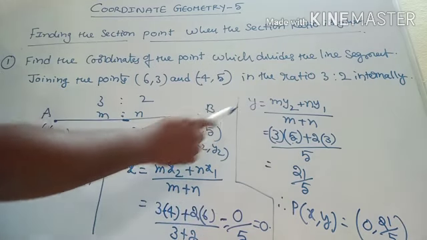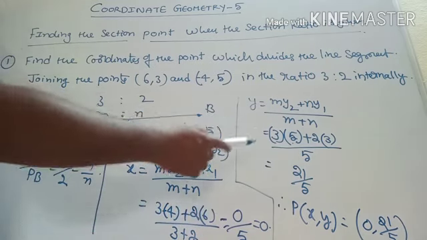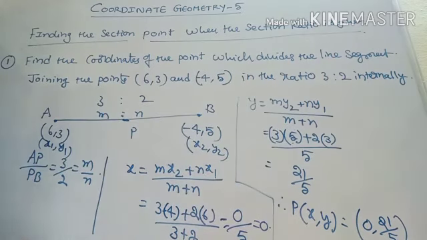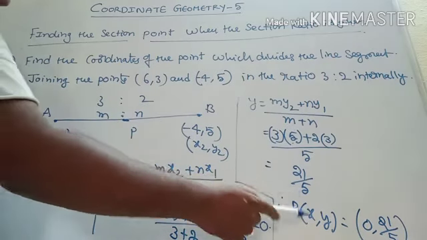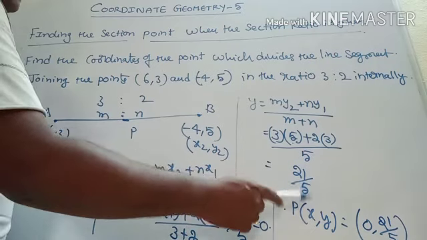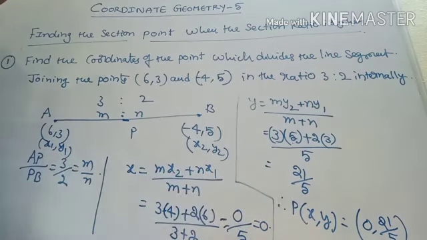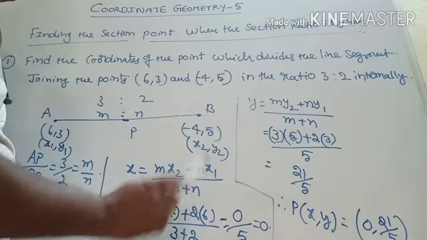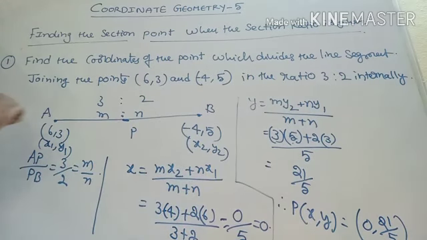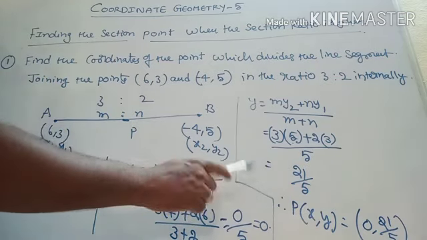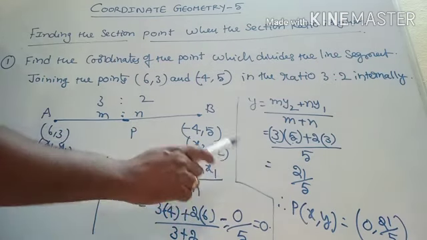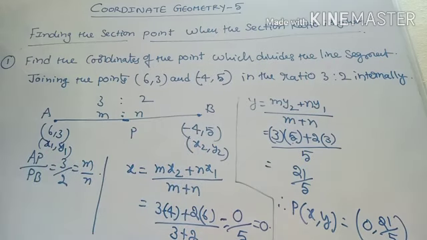And y is my2 plus ny1 by m plus n; substituting the values, we got 21 by 5. That means the x coordinate is 0, so this point is lying on the y-axis. The y-axis is dividing AB in the ratio 3:2, and we have got the point P as 0 comma 21/5.